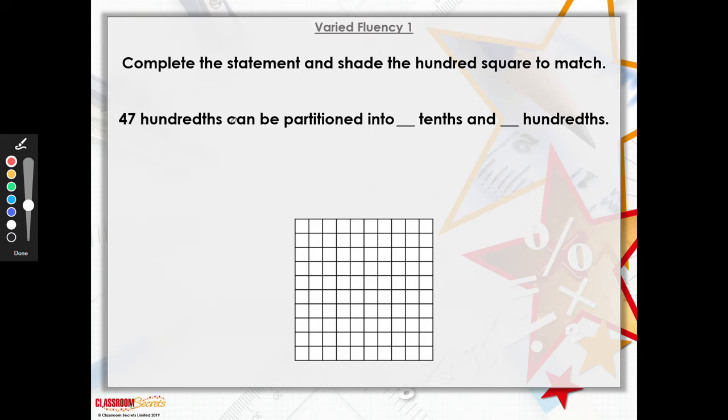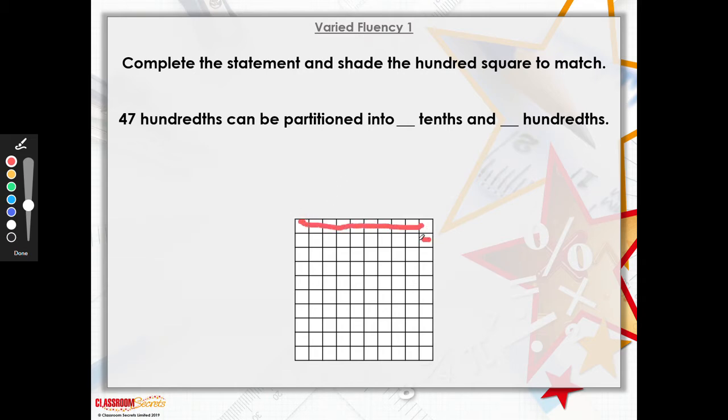The good news is, imagine the number 47. You've just told me there are 4 tens. An easy way to work out tenths is exactly the same, because I actually have 4 tenths. Why do I only have 4 tenths? If you were to colour in 47 hundredths, you would colour in all the top row.